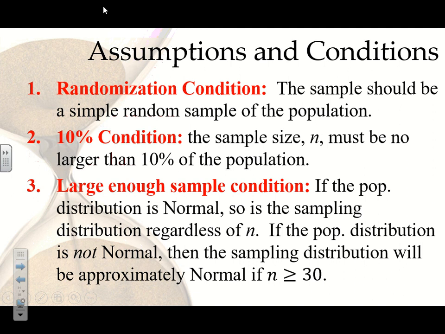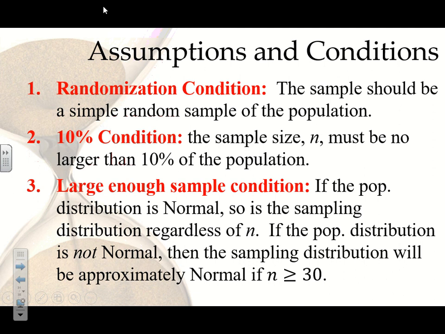There are two things to consider here. If our population distribution is normal, so if they start off the problem saying the distribution of these values is normal with this mean and this standard deviation, then regardless of how big your sample is, your sampling distribution will be normal. If you're sampling from an already normal distribution, you're going to continue to create a normal distribution.